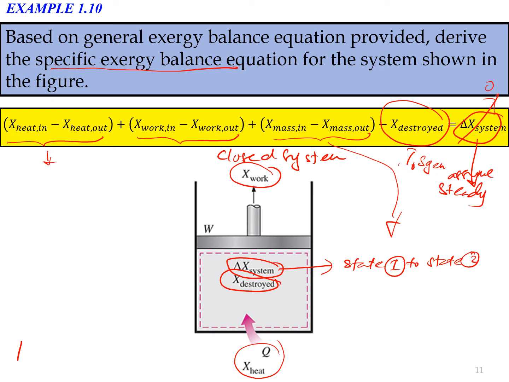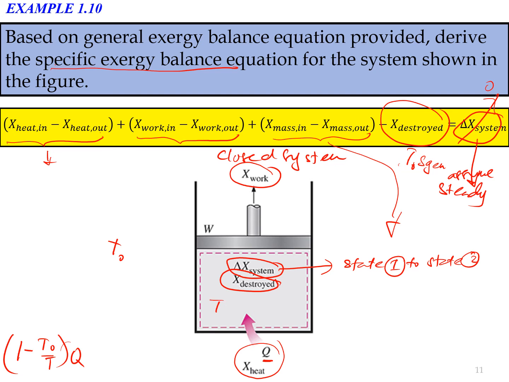So that will give us 1 minus T naught over T multiplied by Q. Right? Q is the amount of heat here, and T naught is representing the temperature at the dead state outside, and T is the temperature inside the system at the boundary, basically.